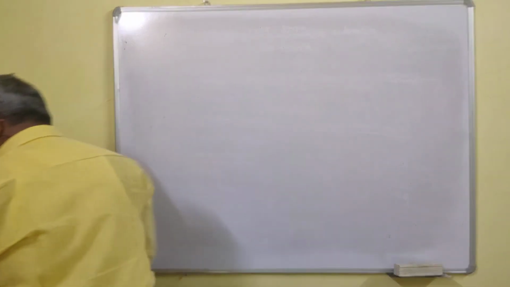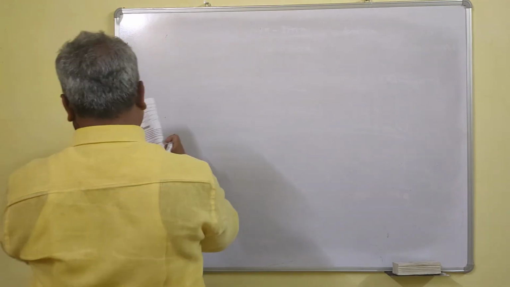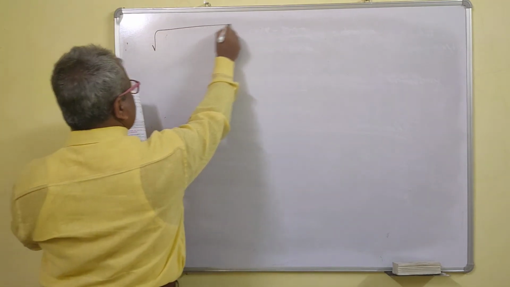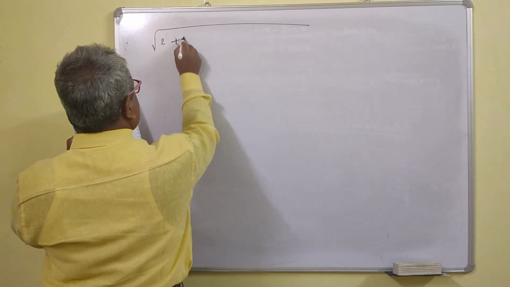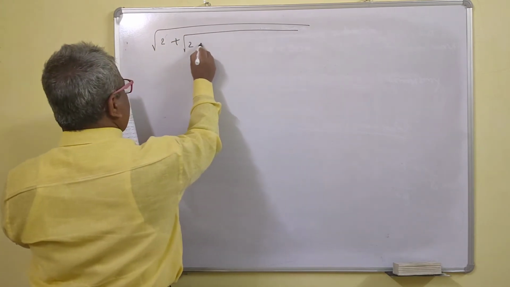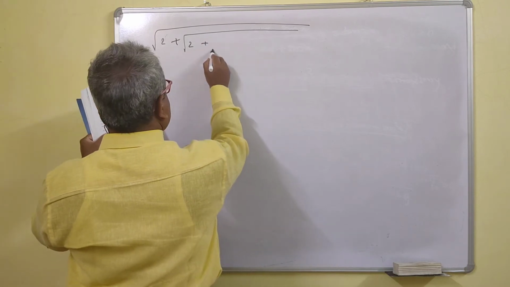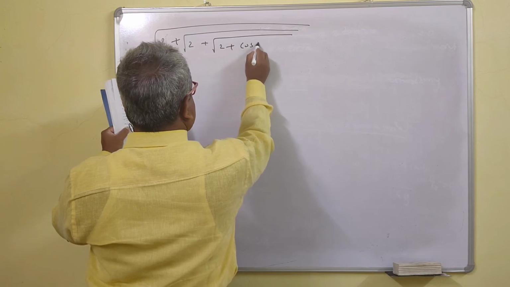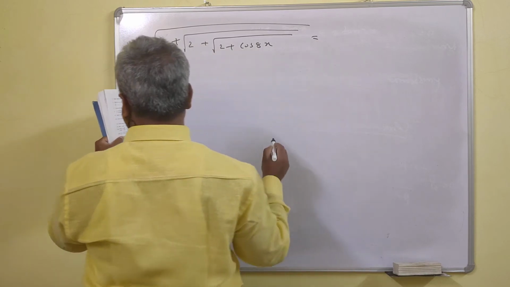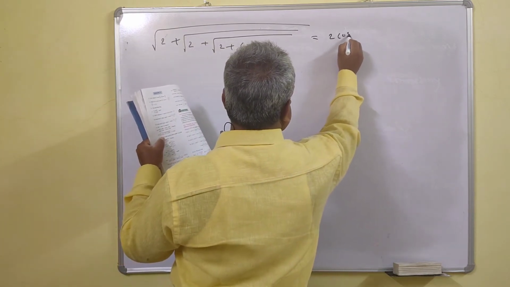Show that root of 2 plus root of 2 plus root of 2 plus cos 8x is equal to 2 cos x.